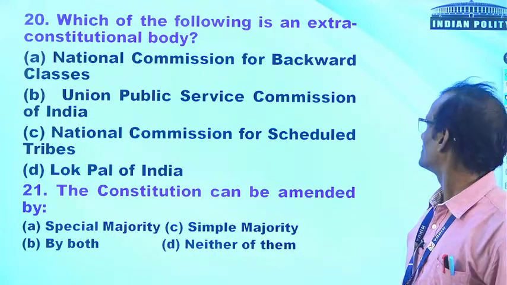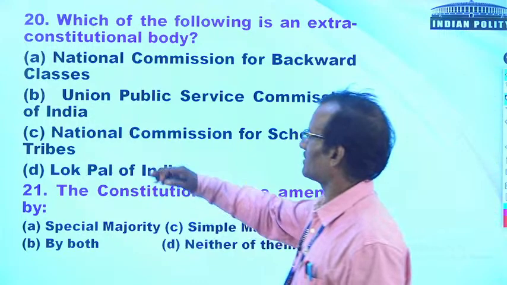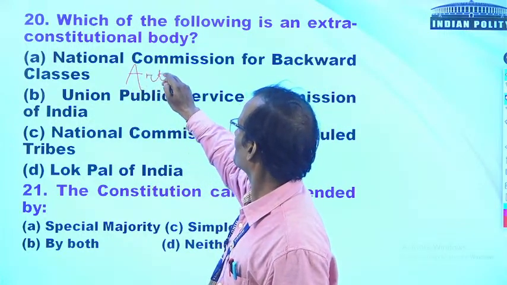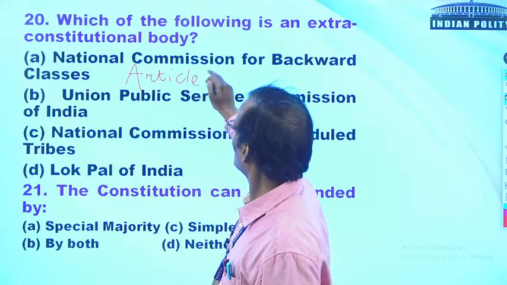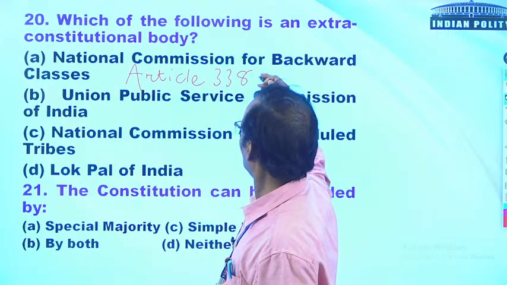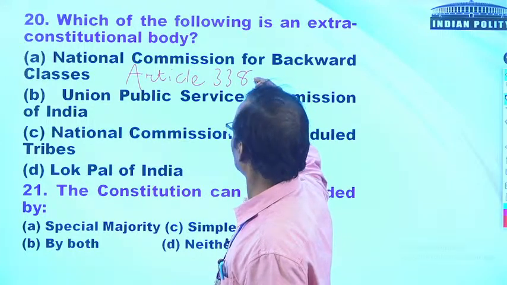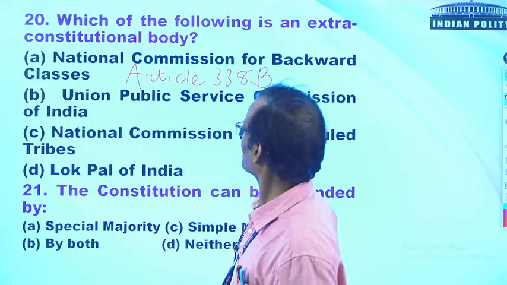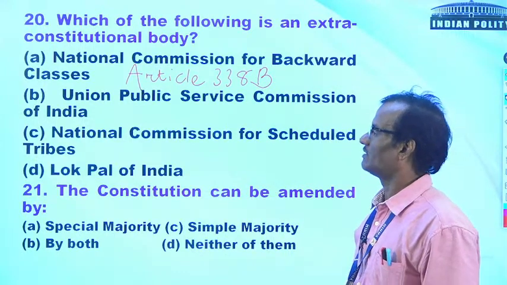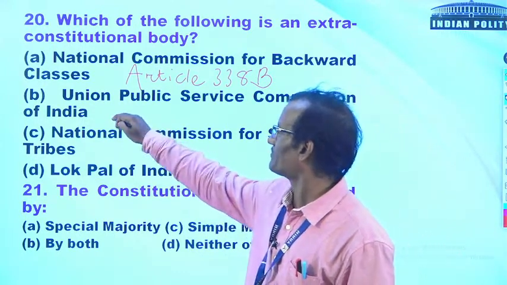The National Commission for Backward Classes is a constitutional body under Article 338B. Union Public Service Commission of India is Article 315.